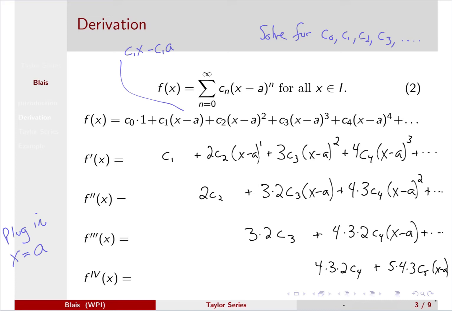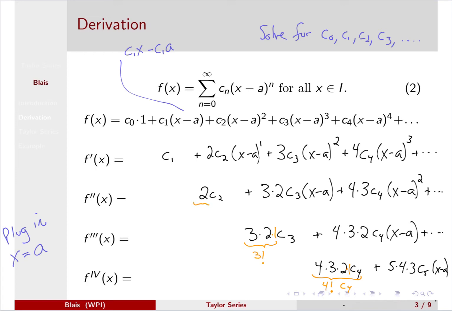Notice that what we have here is 4 factorial times C4. To get that, we should technically add a times 1 here. If we add multiplication by 1 here, this term has a 3 factorial.